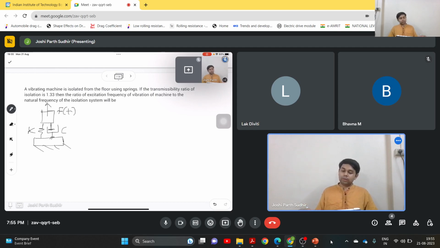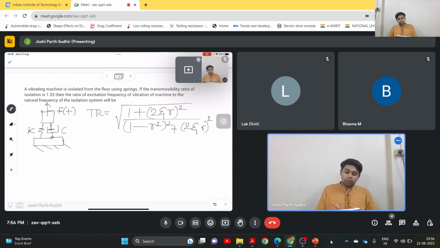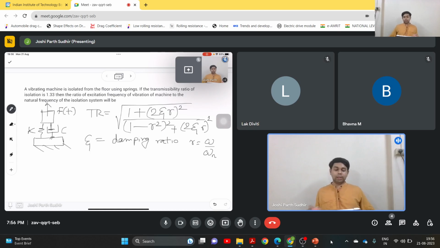So when it is given that this ratio is 1.33, we can find out that this transmissibility ratio comes out to be this expression, where zeta is the damping ratio and r is the ratio of the frequency of excitation to the natural frequency.